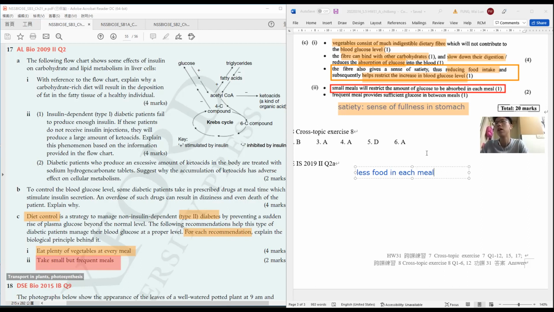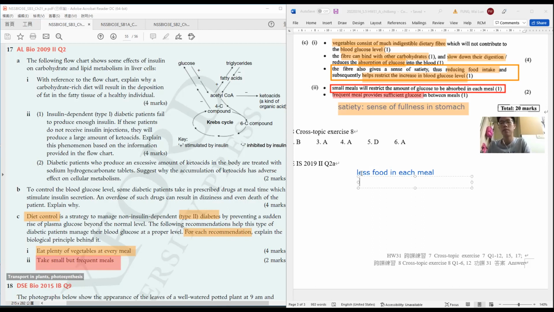But then some of you may say, with less food in each meal, you do not have enough glucose. Your glucose level may sustain for around 2 to 3 hours, and after that you eat another meal. So frequent meals can provide sufficient glucose.